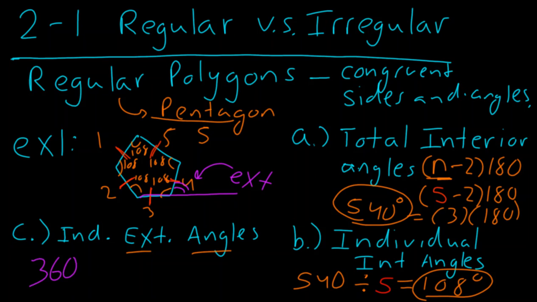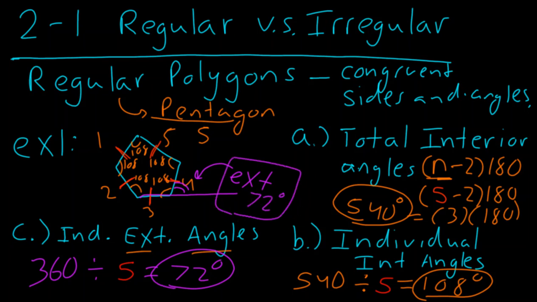So all you have to do to find individual exterior angles for regular polygons is to divide 360 by the number of sides, which, as we know, in this case is 5. And so 360 divided by 5 is 72 degrees. So our exterior angle will be 72 degrees.